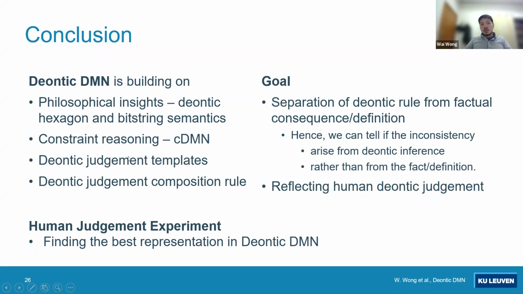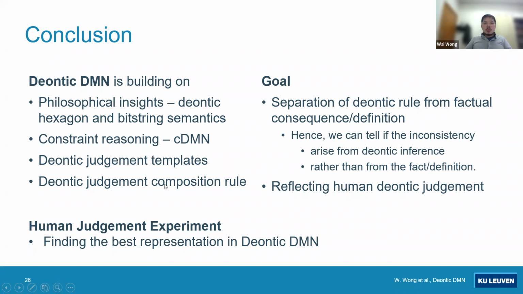The two core things in the Deontic DMN are the Deontic judgment template, which is the template telling what the judgment of a certain action is, interpreting those terms.